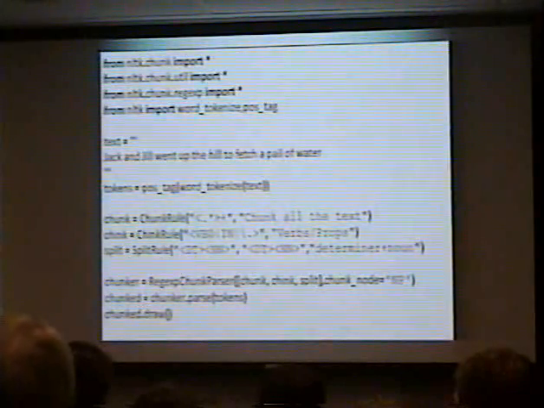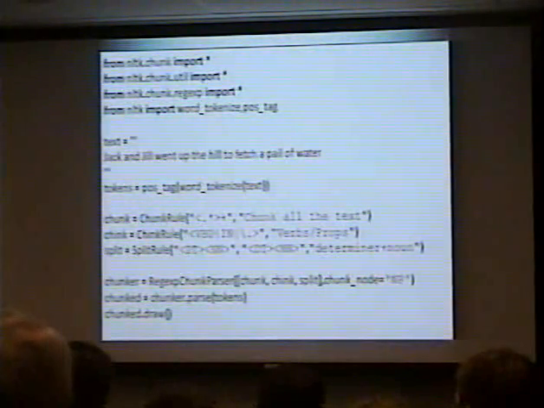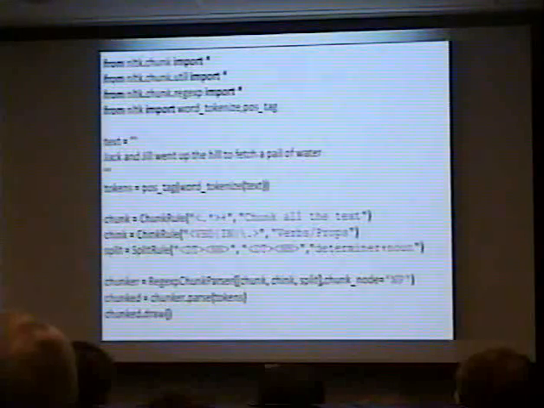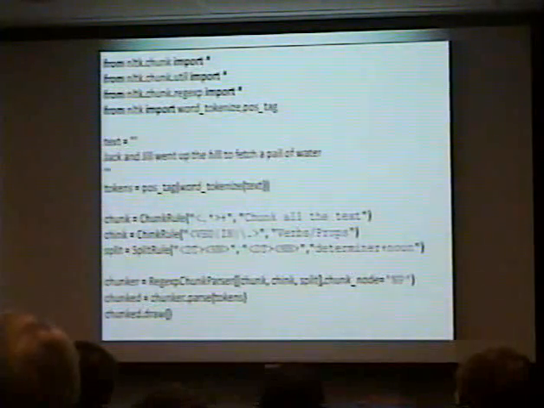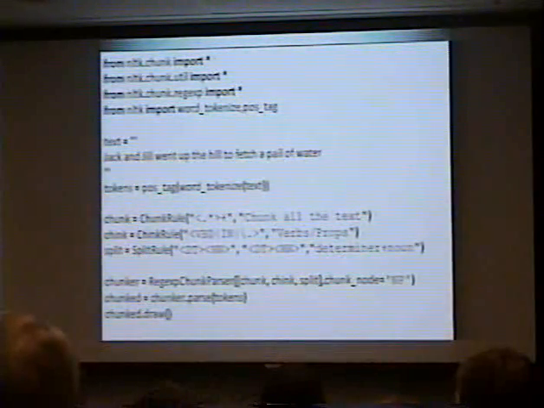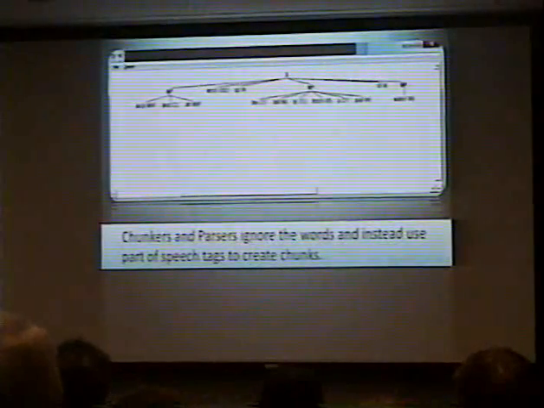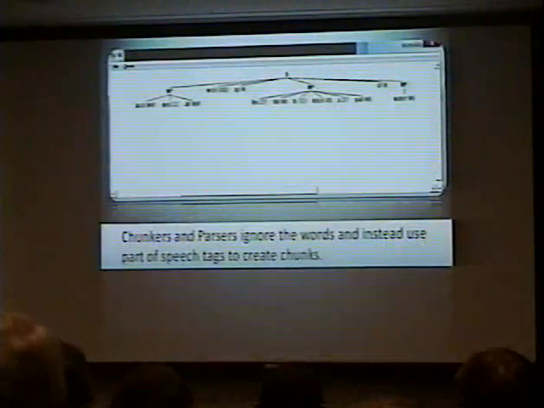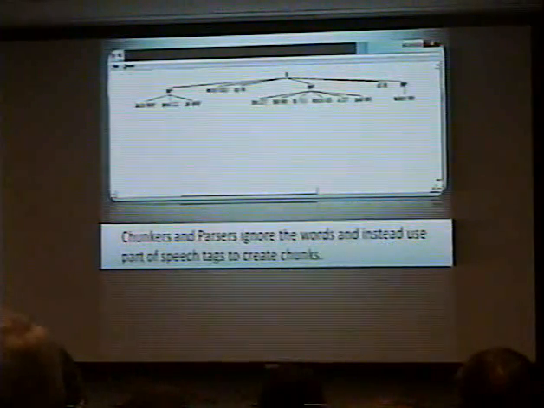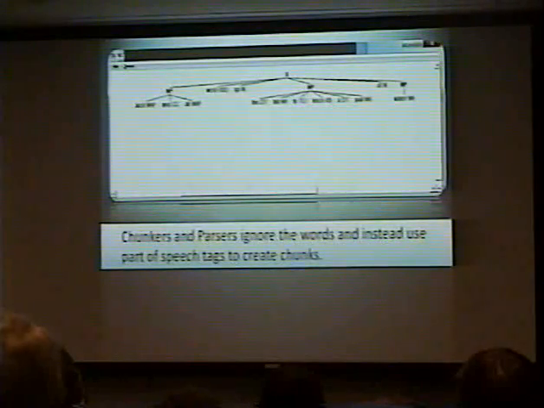When you do chunker.parse, it'll output a list of objects of where it broke things out. But if you want to see it visually, you can do chunks.draw, and it'll draw the entire tree for you. So it labeled them as noun phrases.